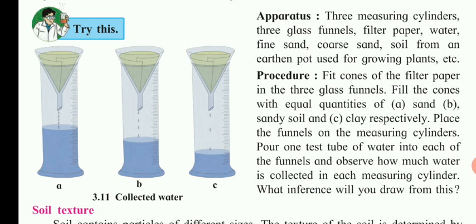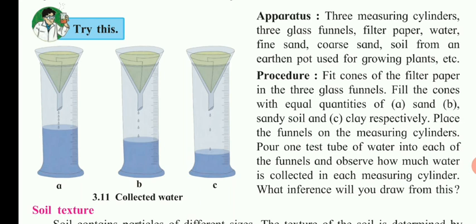After that, you are going to fill an equal quantity: in the first cylinder you place sand, in the second sandy soil, and in the third clay. After placing that, you pour water in. After pouring the water, you see which soil has collected more water.